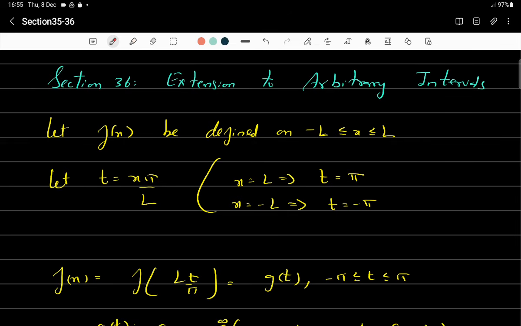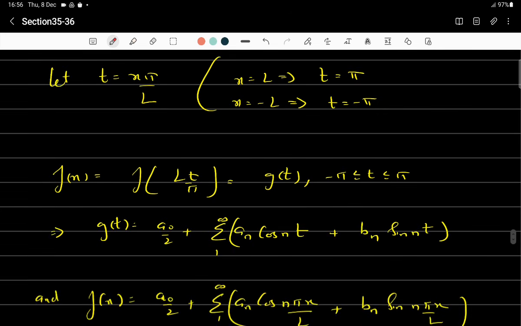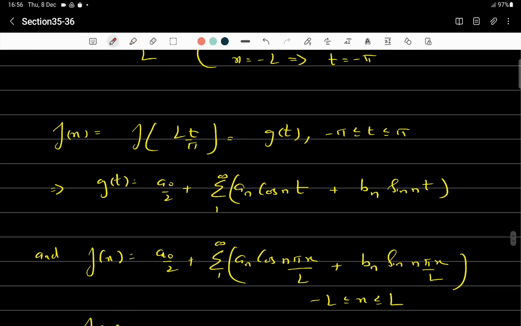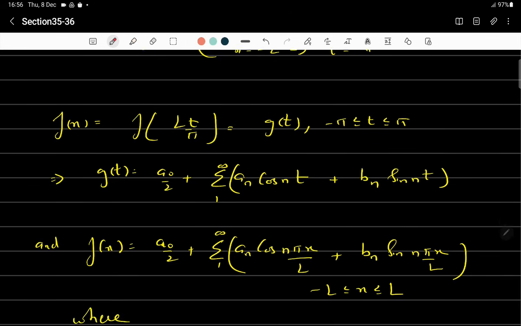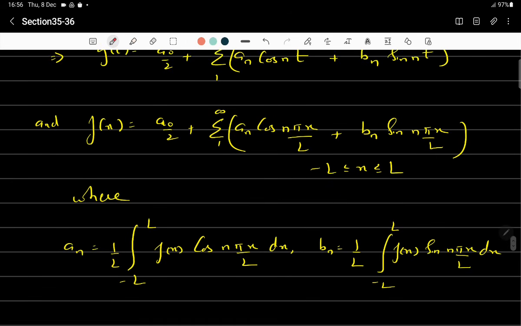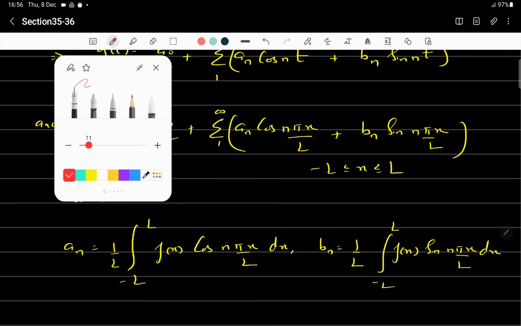Now for g of t, you can easily write down the Fourier series, and in that Fourier series again you put back the value of t, which is x pi by L. That gives you the required Fourier series of f of x over the interval minus L to L. So this is your g of t, and then you compute f of x, and technically over the interval minus L to L, this is how the bn and an look like.